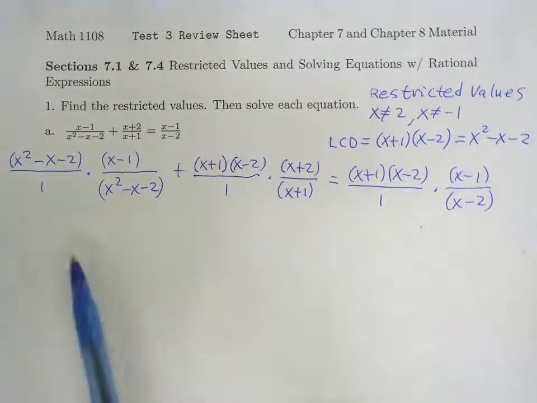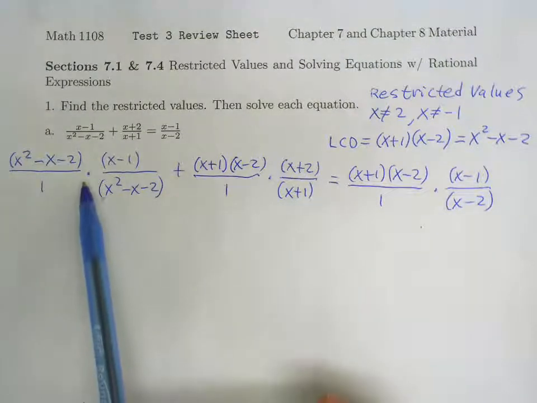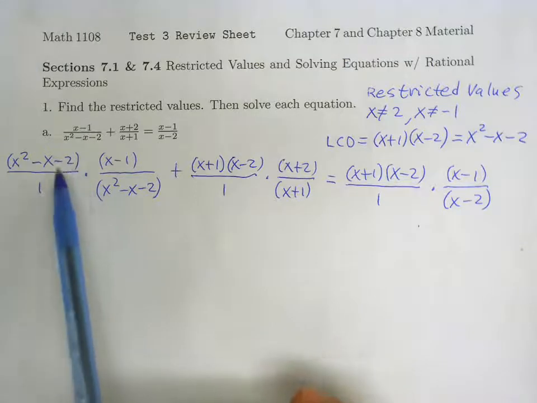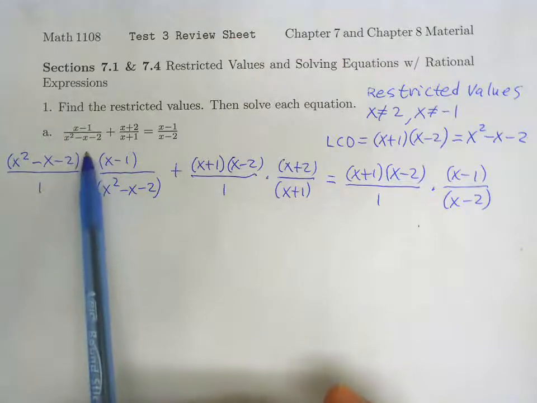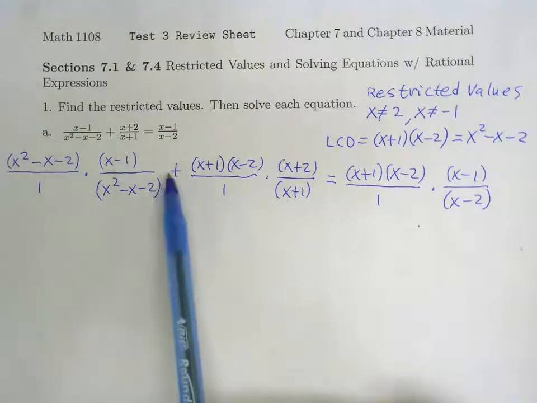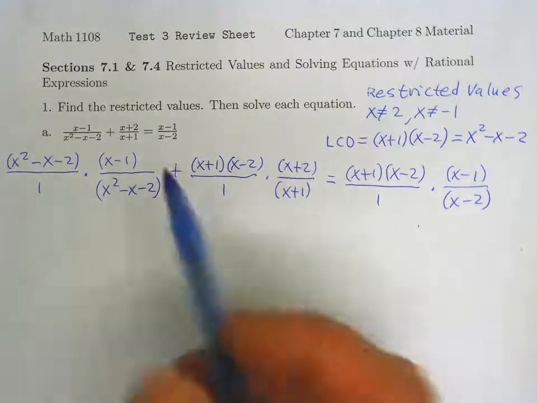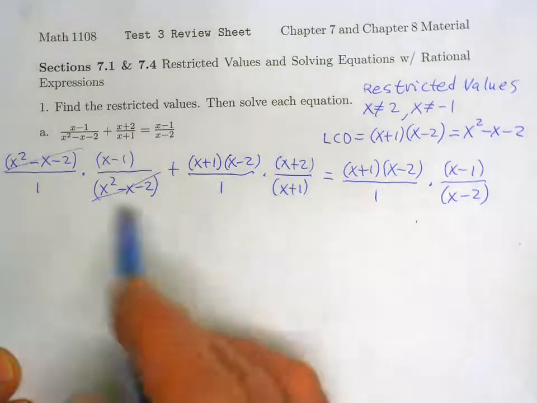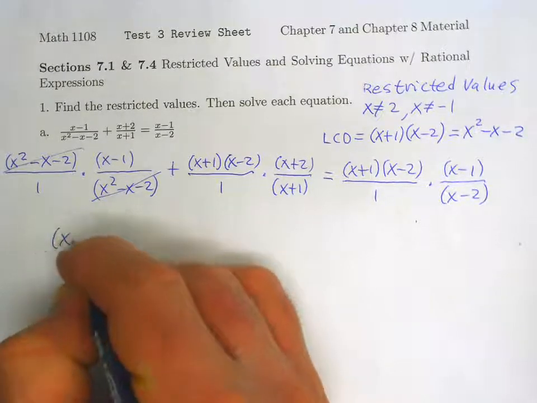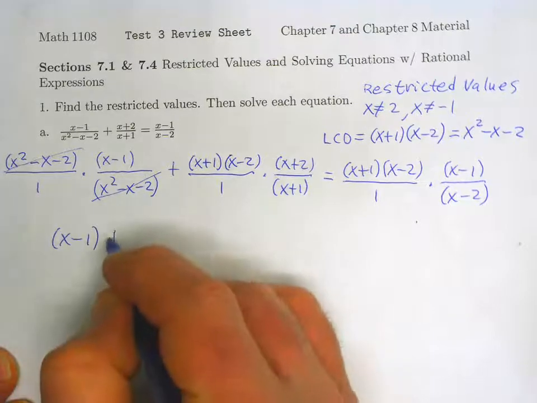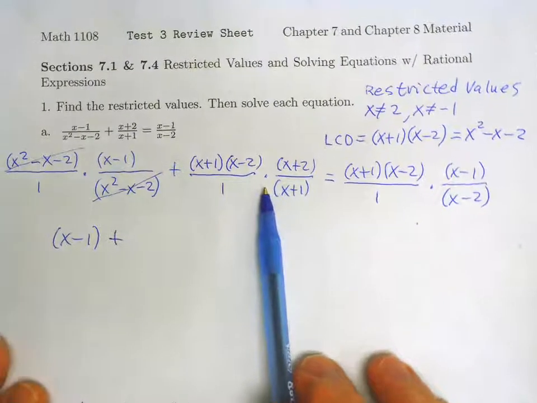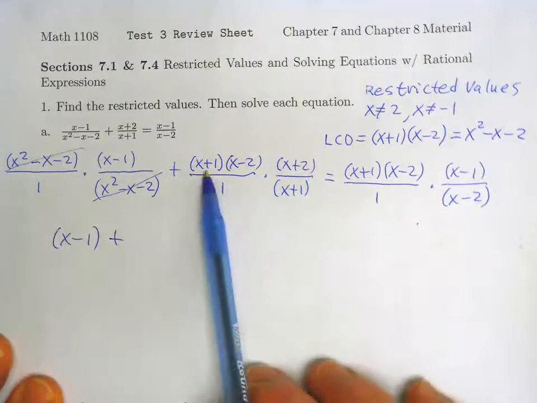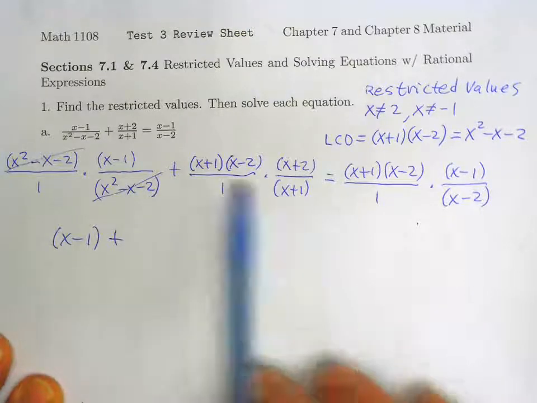Okay, so we're going to clear the denominators now. In this first product, the trinomial factor x squared minus x minus 2 divided by the same trinomial factor equals 1. So these factors cancel each other out. And we're left with just x minus 1. In the next product, the denominators are cleared.